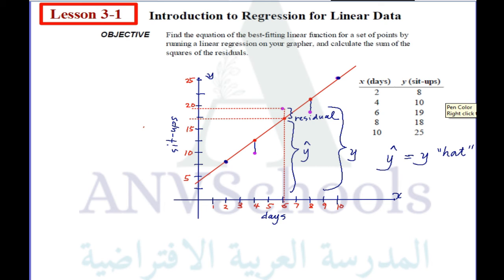The formula for residual is residual equals y minus y hat. Am I correct? Okay. So just to give you a brief clue on the residual term in regression analysis for the best fitting line, this is our best fitting line.